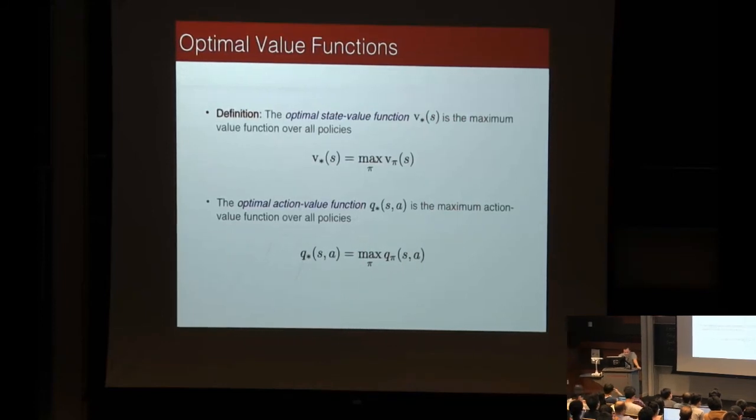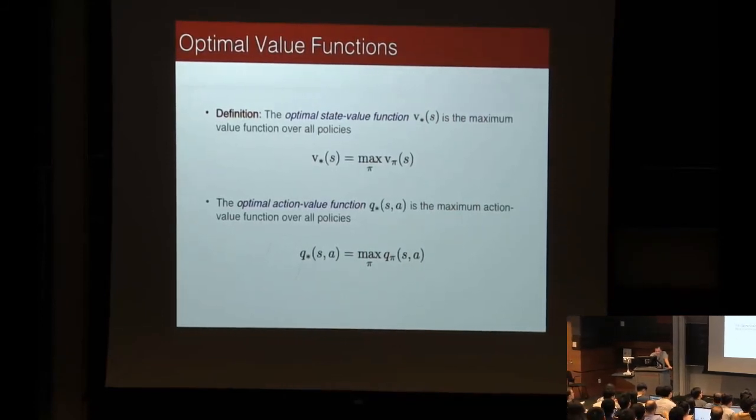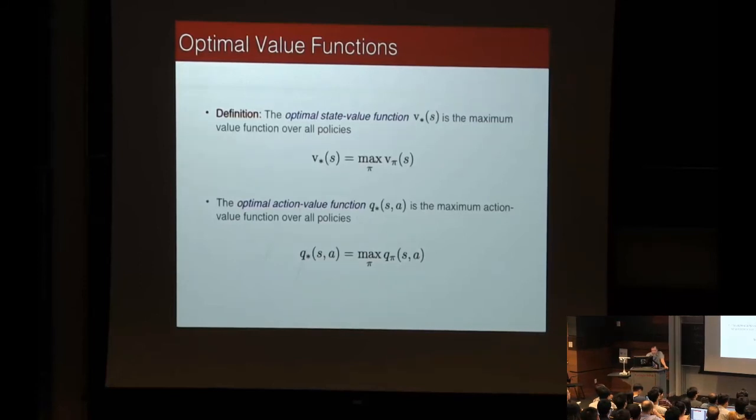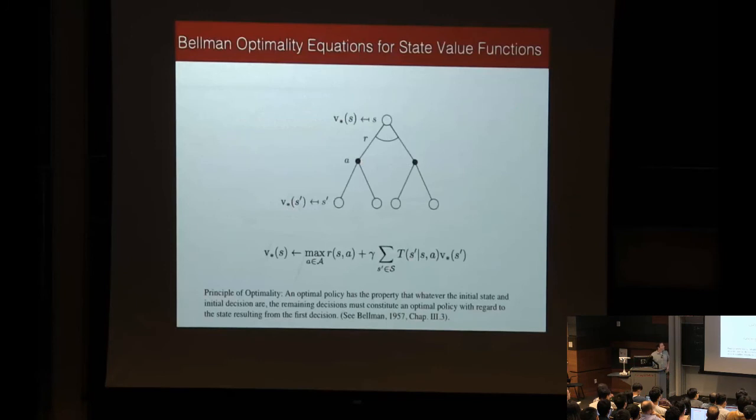Now, the optimal state value function is the maximum value function over all policies. We've seen that. And the optimal action value function is the maximum over policies as well. So the optimal equation for the state value function is given here. What's the optimal value? Instead of taking an expectation, which gives the value of the state, you can actually take the maximum over the actions.